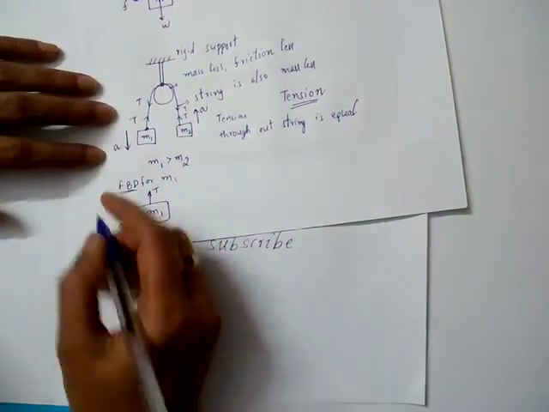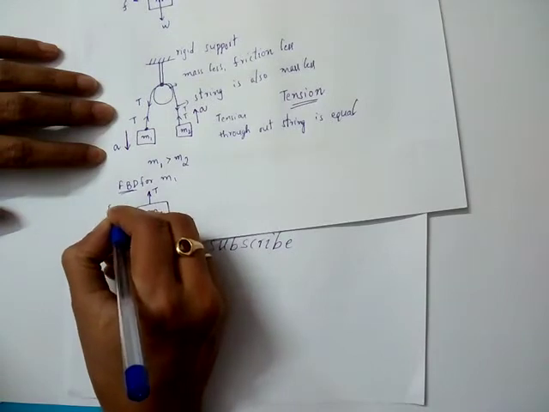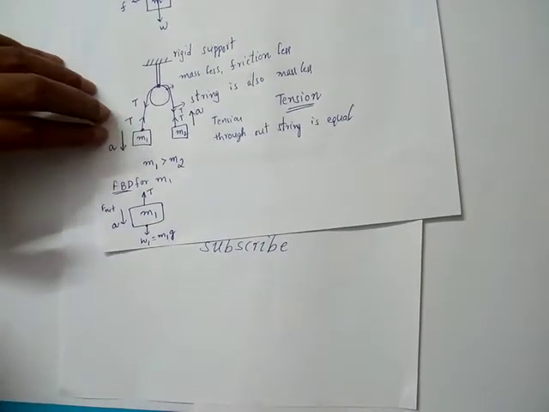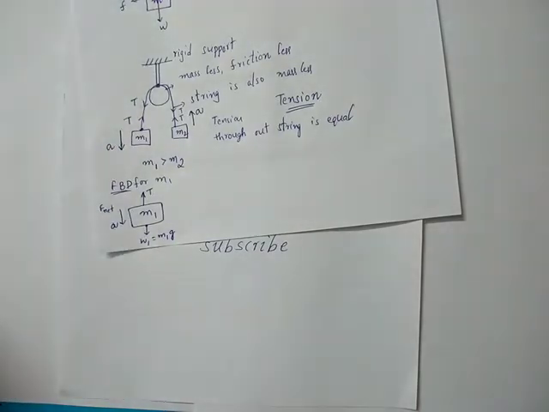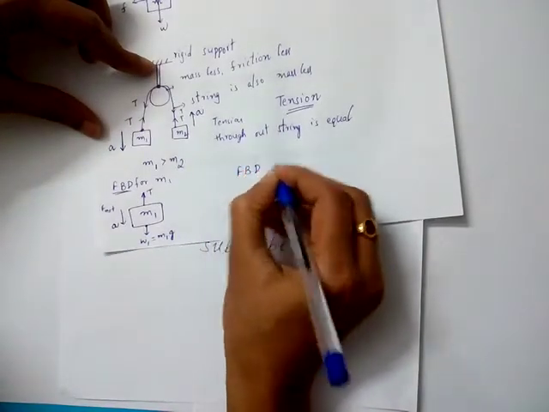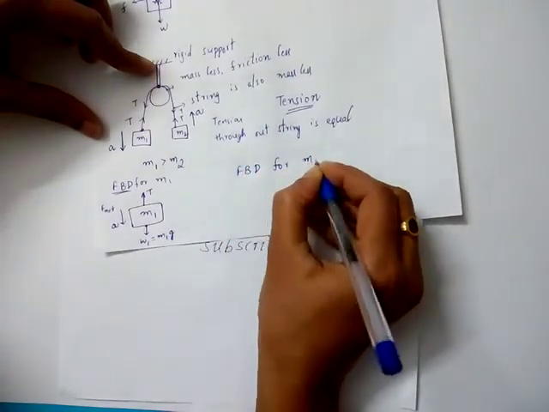Now acceleration is downwards. That means F net is downwards. Yes or no? F net is equal to MA, that you know. As I am doing for M1, it becomes M1A. So here acceleration of both the blocks will be equal because it is the same system. FBD for M2.